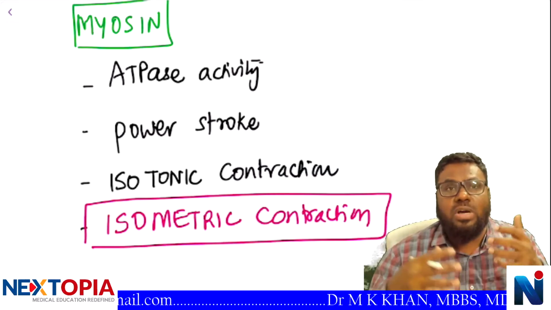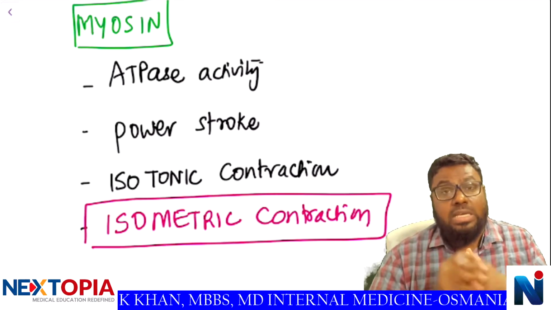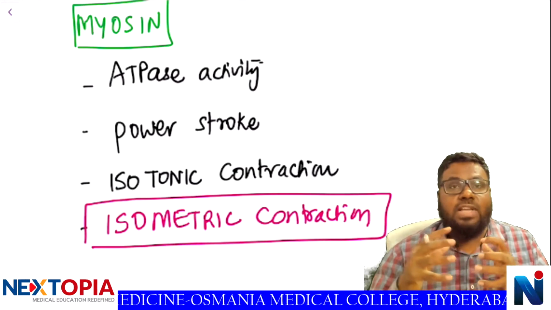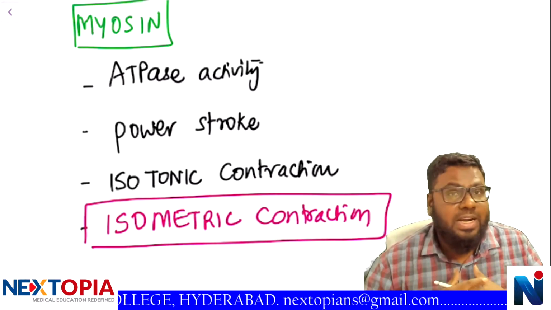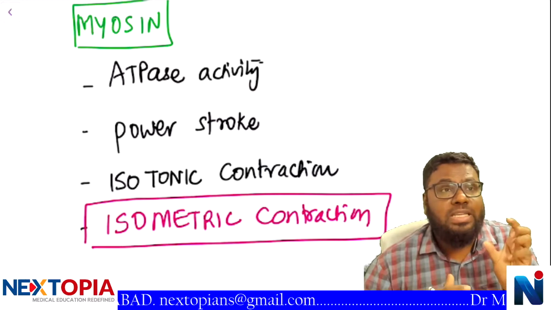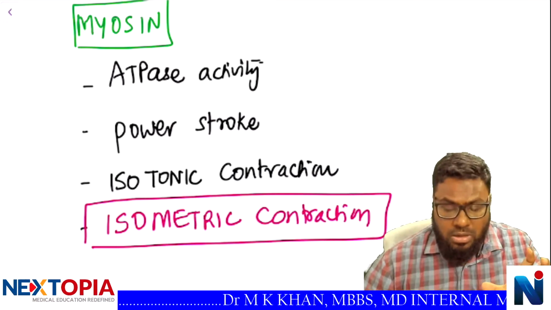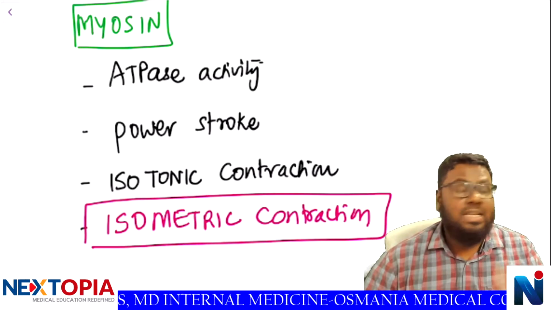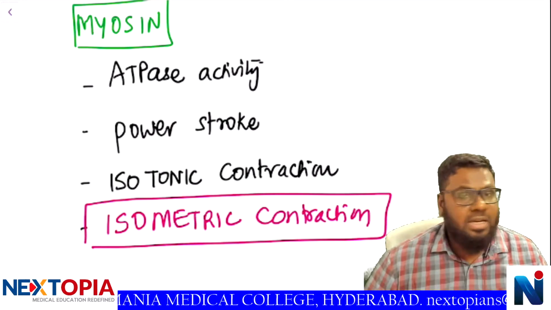Any contraction which causes shortening of the muscle is called isotonic contraction. Sometimes the power stroke cannot generate enough force. If enough force is not generated, it results in contraction, but there is no shortening of the muscle. Iso means normal or no change. All right, metric means muscle length. So if there is no change in the muscle length, it results in isometric contraction.